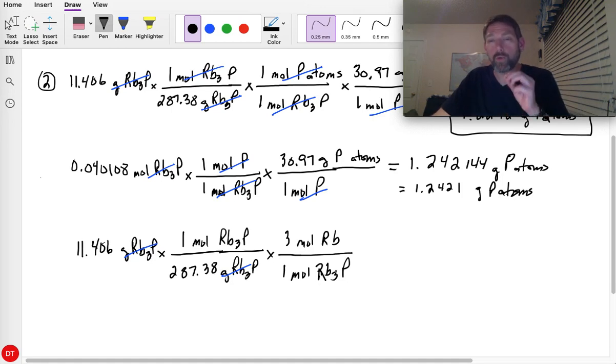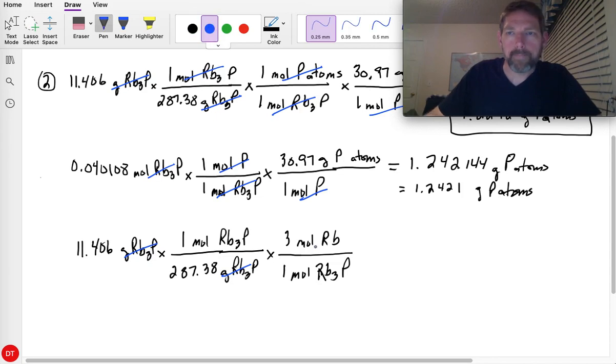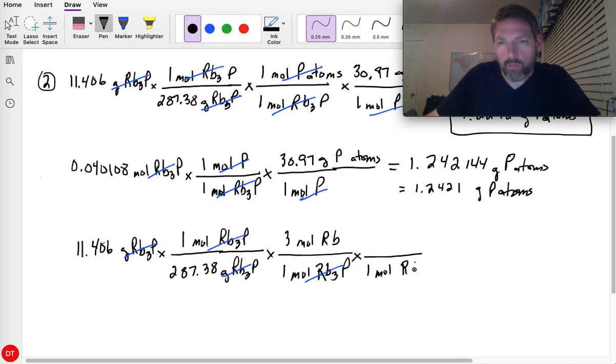There's a ratio of 3 of these for 1 of these. So to have one mole of this whole substance, you have to have 3 times the number of rubidium. And then 1 mole of rubidium, we said, is 85.47 grams.